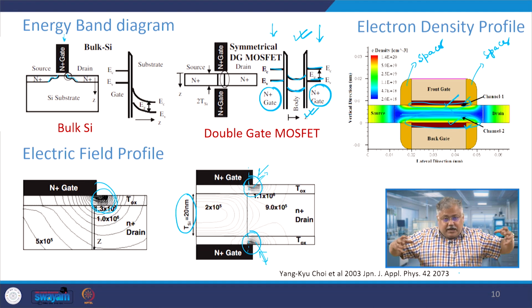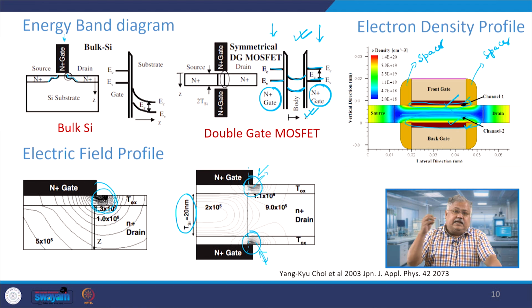The electrons are pushed to the center, and you will have a sudden large increase in the current, because at the center the electrons do not face any silicon dioxide interface, and therefore if you apply a potential, they will move very fast, provided your channel thickness is very small.